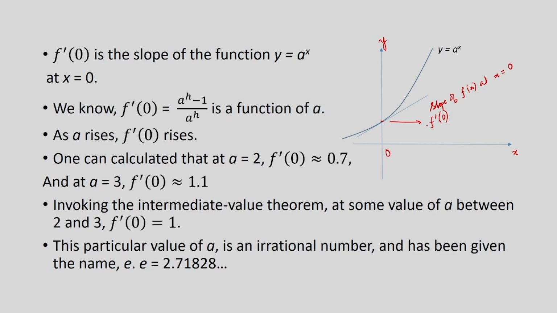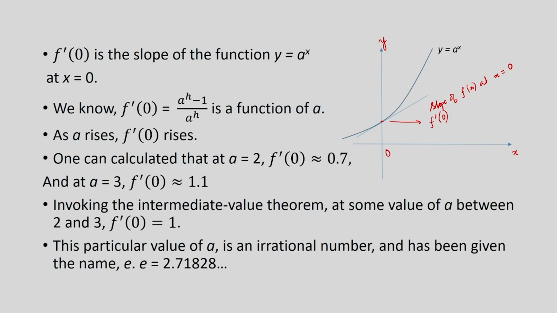Therefore, if I draw a tangent to that graph at this particular point of intersection, then the slope of that tangent is f dash of 0, right.